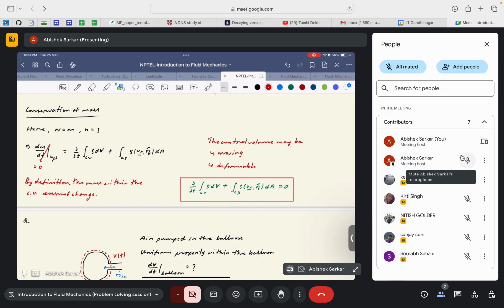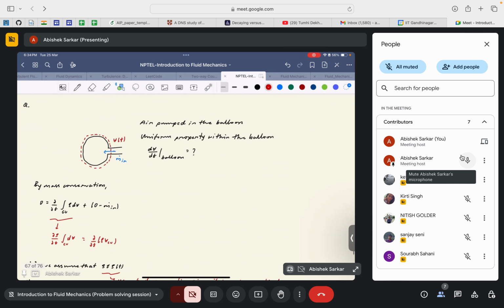For mass conservation, there can be special cases taken from this particular form, but we will see eventually how we can do that. Now let us take a very simple example that was taken by Professor Chakraborty in the lectures. It's a balloon where air is being pumped inside.